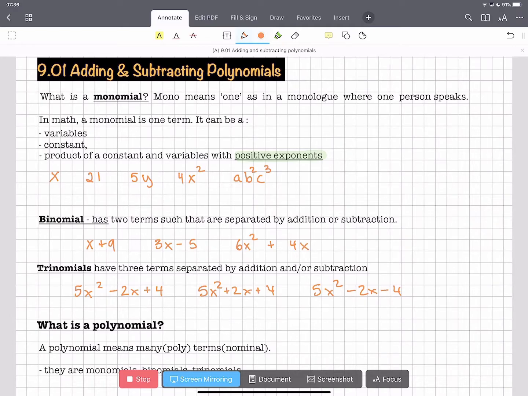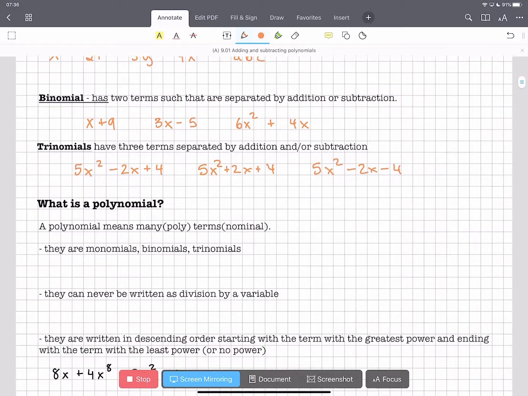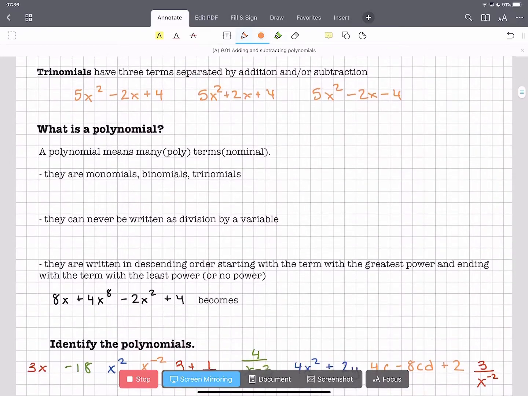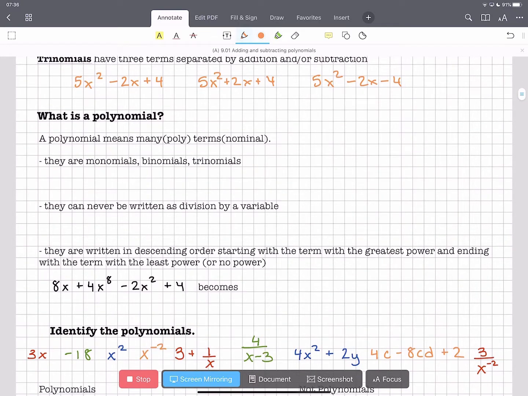Now, once we get to four or more terms, we don't have to come up with another name like quadrinomial or something like that. We can just call them polynomials at that point. But it's important to know that all of these monomials, binomials, and trinomials are polynomials too. So what is a polynomial? The word poly means many, and the word nomial means term.